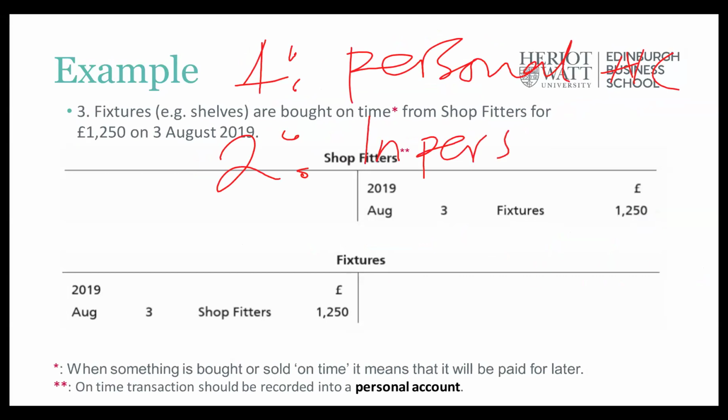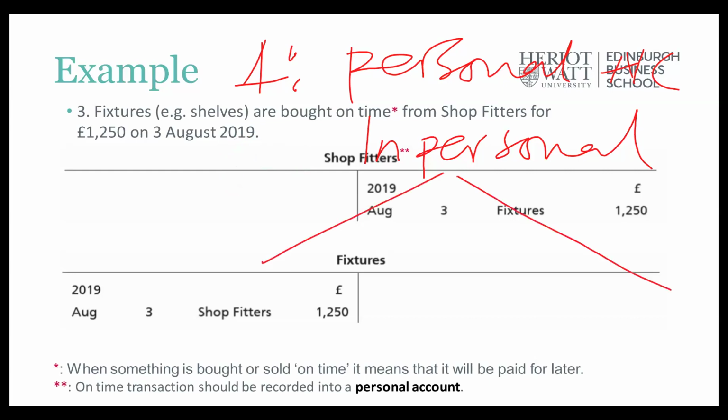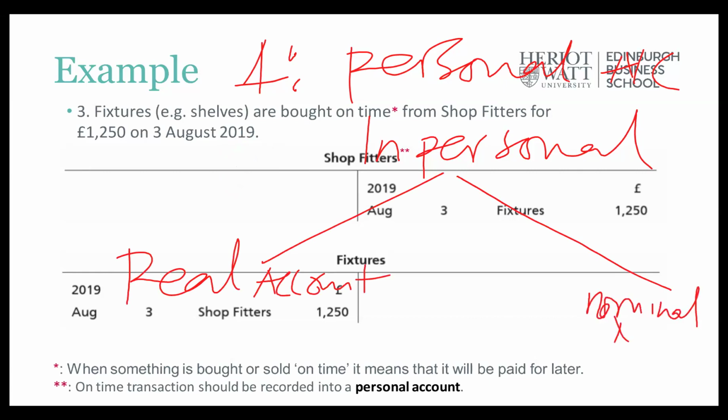Now the impersonal accounts are broken down into 2. We have the real accounts and the nominal accounts.